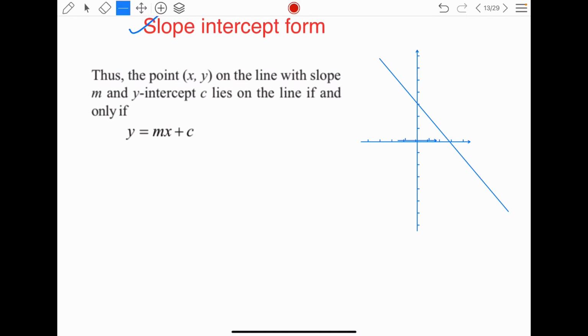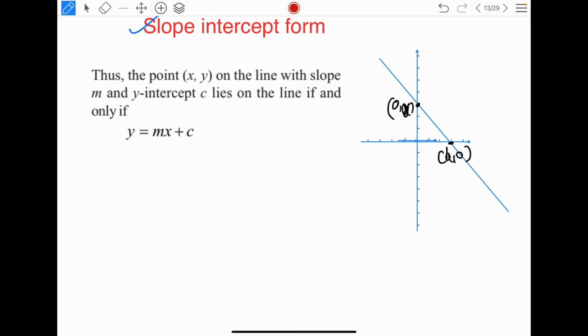Let me just take one intercept at this time. Two intercepts will be taken later. Suppose it's cutting the y-axis here, the x-axis here. This may be the point 0 comma a, and this will be the point b comma 0, because any point on the x-axis will have y as 0, any point on the y-axis will have x as 0. We have done it in coordinate geometry.